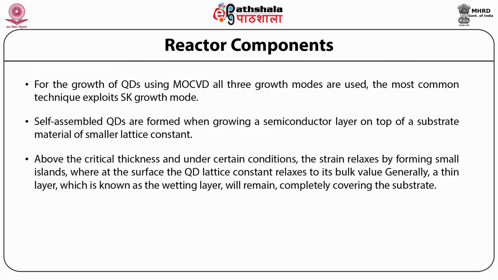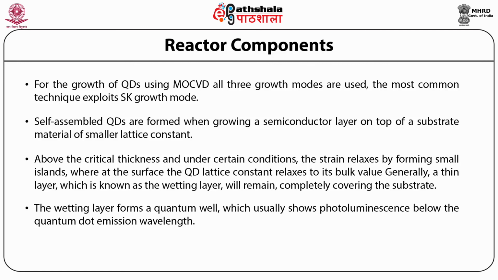Generally, a thin layer known as the wetting layer will remain completely covering the substrate. The wetting layer forms a quantum well which usually shows photoluminescence below the quantum dot emission wavelength.